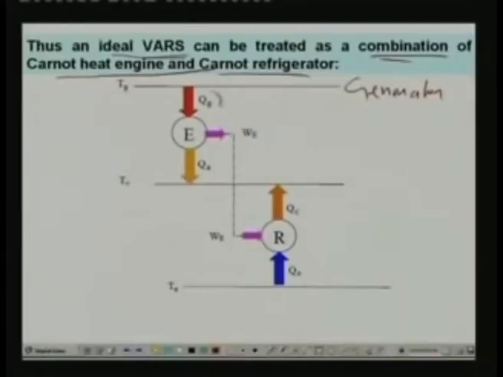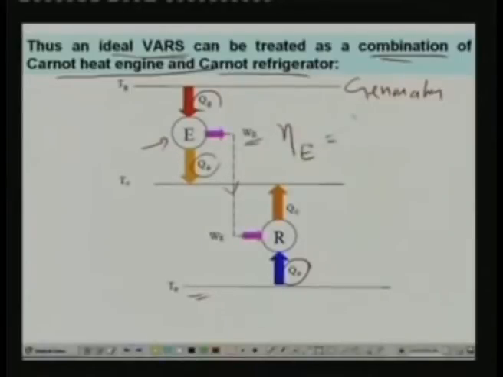You supply QG from the generator to a Carnot heat engine and produce work and reject some heat to the surroundings, and this work is used to run a Carnot refrigerator. The same work is applied to run a Carnot refrigerator, and this refrigerator takes heat QE from the low temperature surroundings, and again it rejects the heat to the heat sink at T naught.